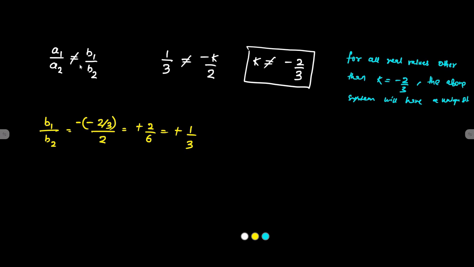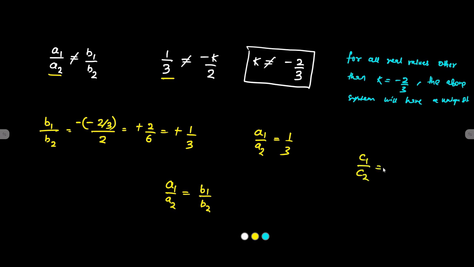Now what is a1 by a2? A1 by A2 is also equal to 1 by 3. So we have A1 by A2 equal to B1 by B2. So it has two possibilities now: infinitely many solutions when it is equal to C1 by C2, and no solution when it is not equal to C1 by C2. Now what is C1 by C2?